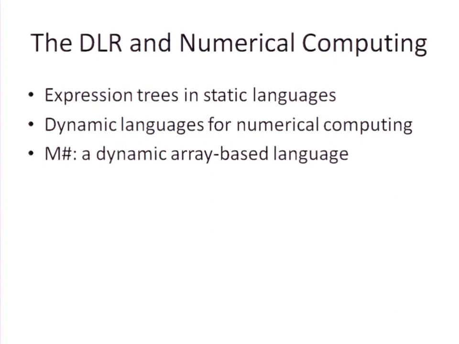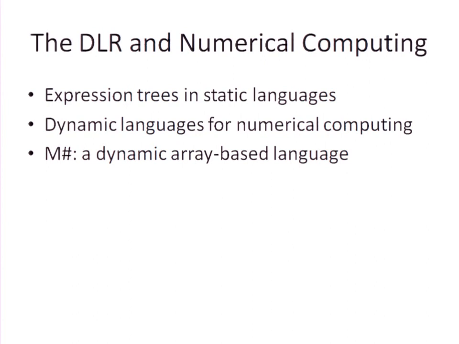Back to numerical computing, and there's 3 things I want to do today. One is discuss how expression trees can be useful also in static languages. I'm here talking not about dynamic expression trees or dynamic dispatch, which we just heard about. I'm talking about just pure static expression trees, which are also part of the DLR.